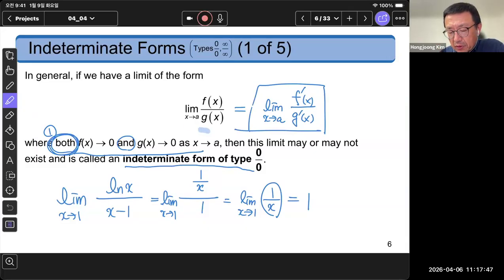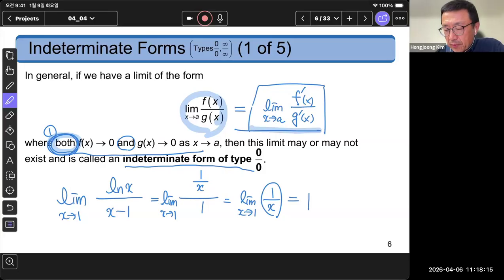If you have this limit, what is the condition? When both, not one, both is the keyword, both f of x and g of x go to 0, then this limit can be estimated by this expression.